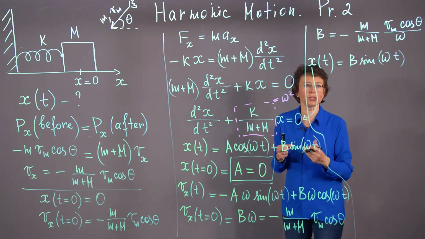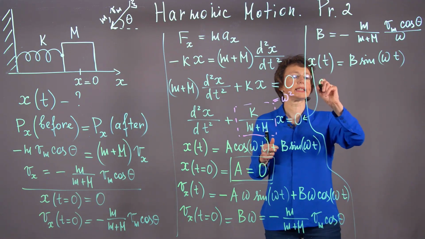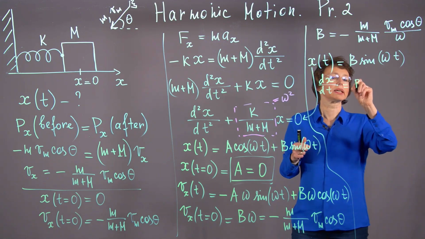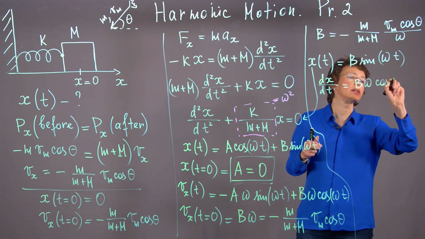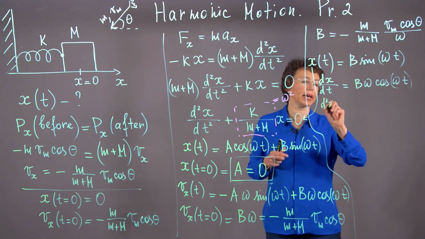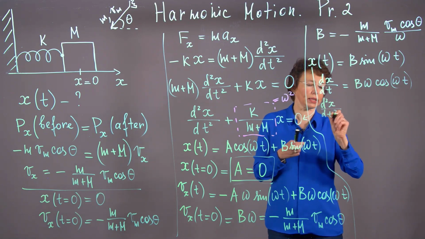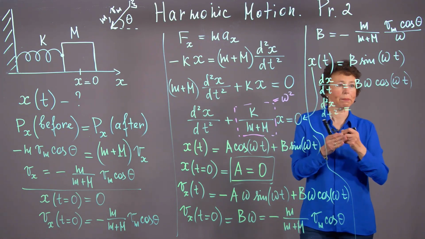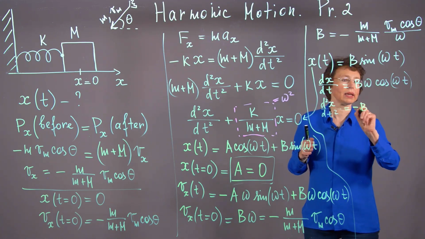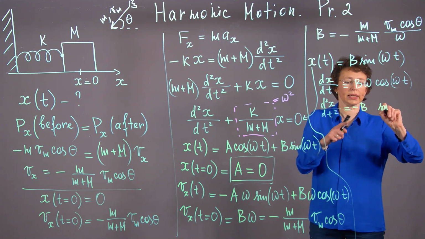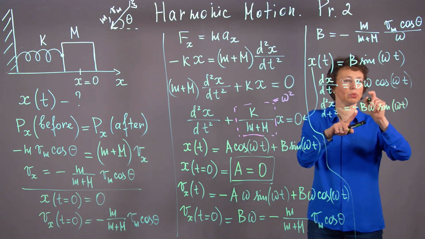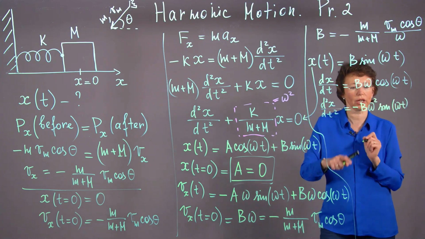What will be the first derivative? The first derivative dx dt will be b omega cosine omega t. What will be the second derivative? d2x by dt squared. I differentiate this and I will get minus b, then derivative of cosine is minus sine omega t, and here will be omega and another omega from chain rule, omega squared.